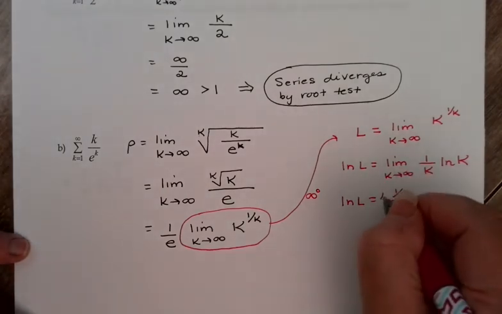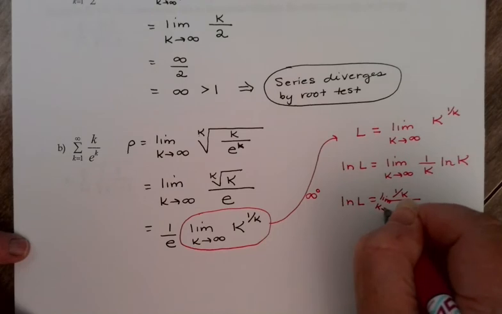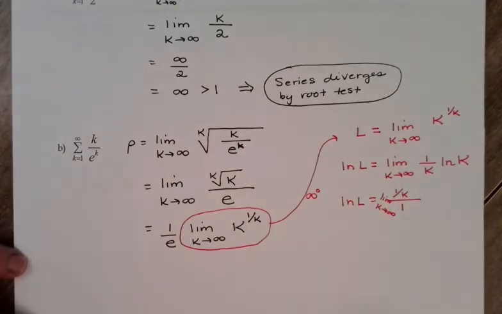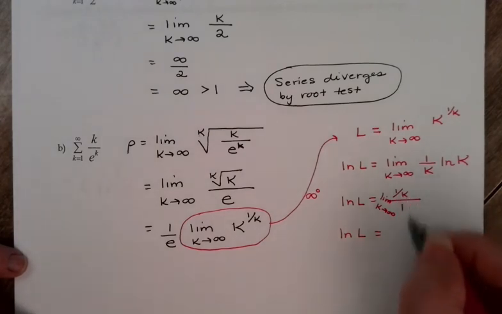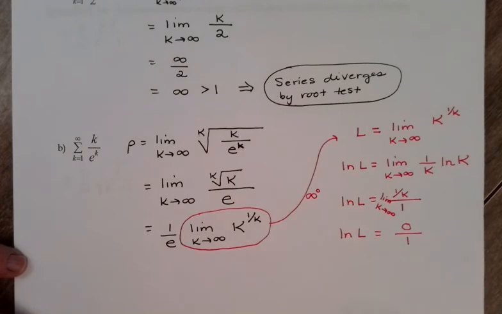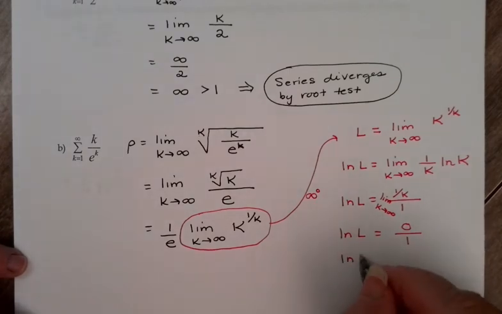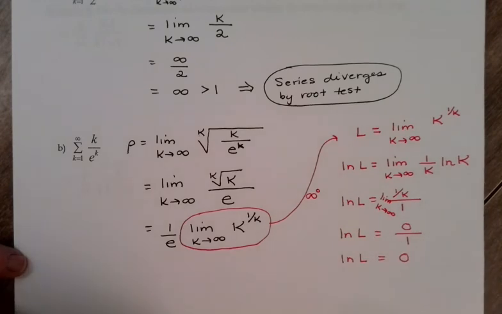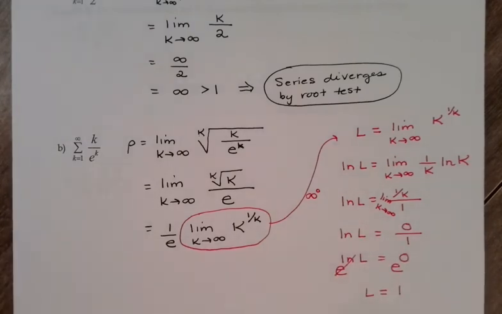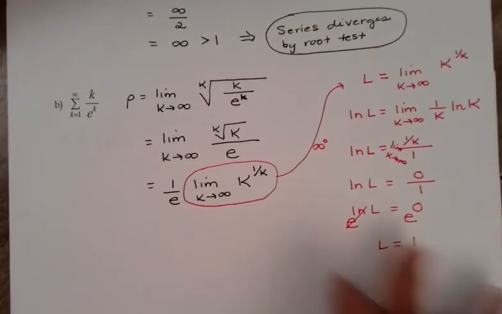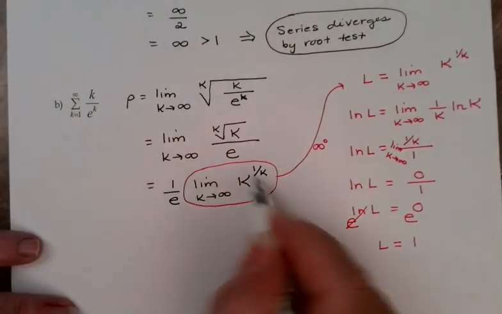That's the limit as k goes to infinity. So ln L equals 1 over infinity, which would be 0 on the top, over 1 on the bottom. Natural log L equals 0. And if I exponentiate both sides, L equals 1.